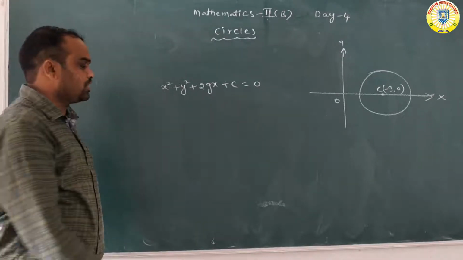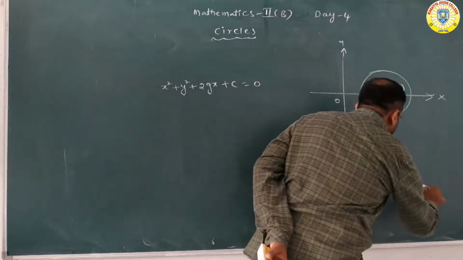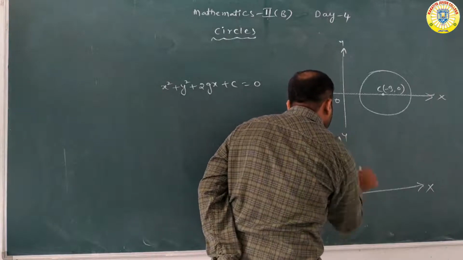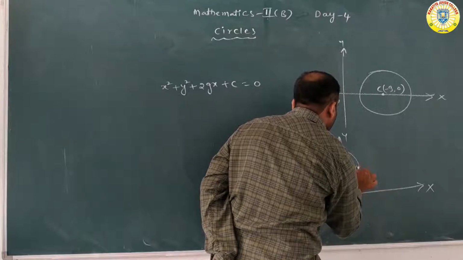Next, the same concept. This is the origin, this is the x axis, this is the y axis. The center of the circle lies on the y axis, so its x coordinate must be 0, the center being 0 comma minus f.